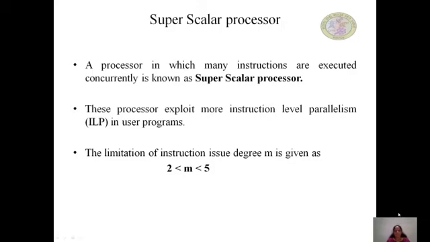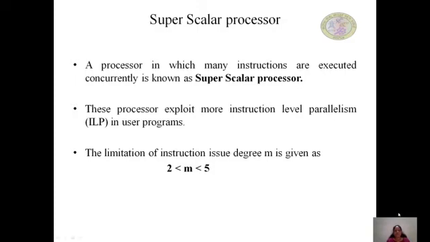So here we have an advanced version of a scalar processor, and we call it a superscalar processor. A superscalar processor is an advanced version of a scalar processor, or the faster version of it, where multiple instructions can be executed at a time. That is, in one clock cycle, it can execute multiple instructions.